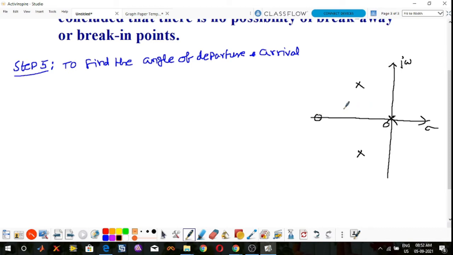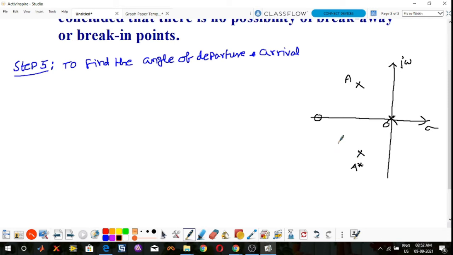Okay, now here we want to calculate the angle of departure. So the procedure of angle of departure is, this is one complex pole and this is another complex pole. This complex pole is considered as a point A, and this other complex pole is considered as its complex conjugate, A conjugate.